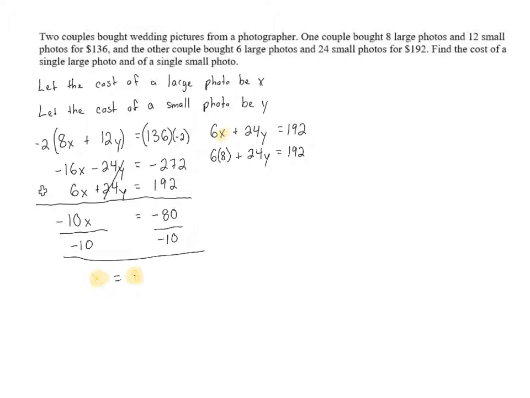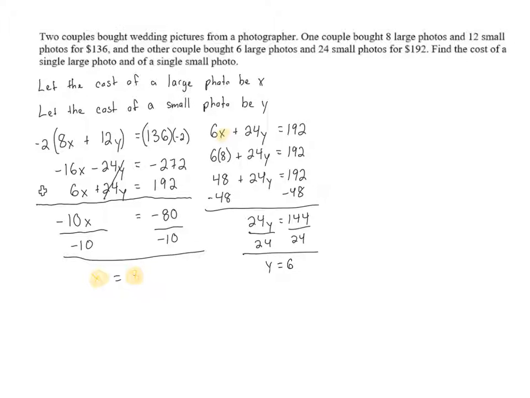When we multiply 6 times 8, we end up with 48. So 48 plus 24y equals 192. Now we can subtract 48 from both sides, which leaves us with 24y equals 144. And if we divide both sides by 24 to get y alone, we end up with y equals 6.